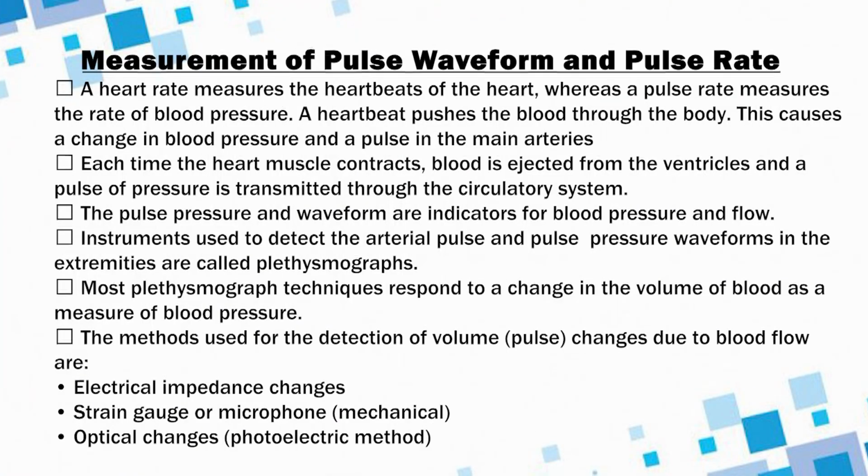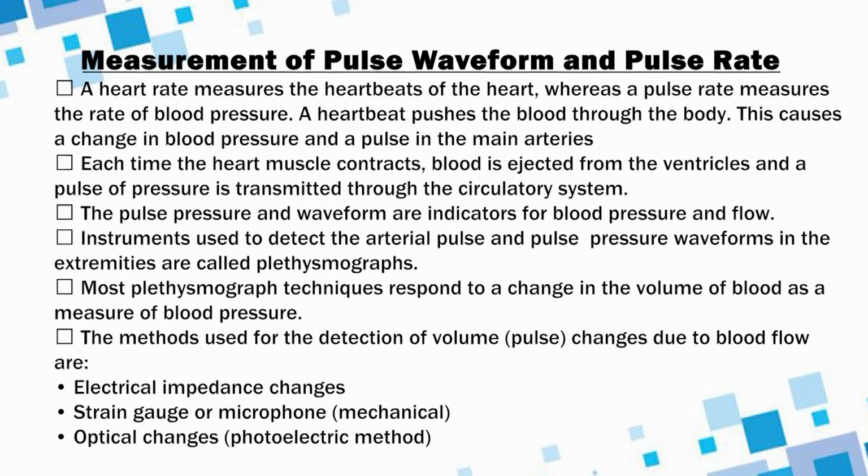This method is seldom used and is used only when a special case arises. Coming to monitoring of pulse waveform and pulse rate. Each time the heart muscle contracts, blood is ejected from the ventricles and a pulse of pressure is transmitted through the circulatory system. The pulse pressure and waveform are indicators for blood pressure and flow. Instruments used to detect the arterial pulse and pulse pressure waveforms in the extremities are called plethysmographs.